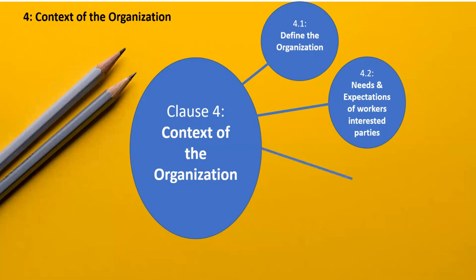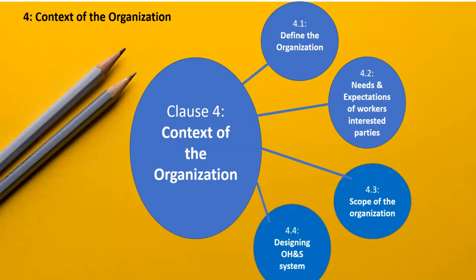In subclause 4.3, we define the scope of the organization with the help of information gathered from subclauses 4.1 and 4.2. And clause 4.4 basically deals with the overall design of the occupational health and safety management system.